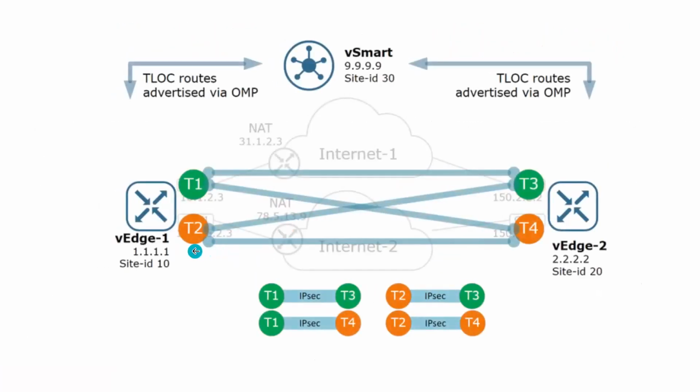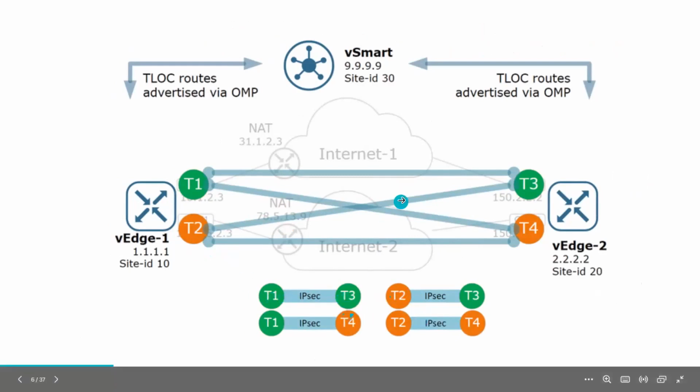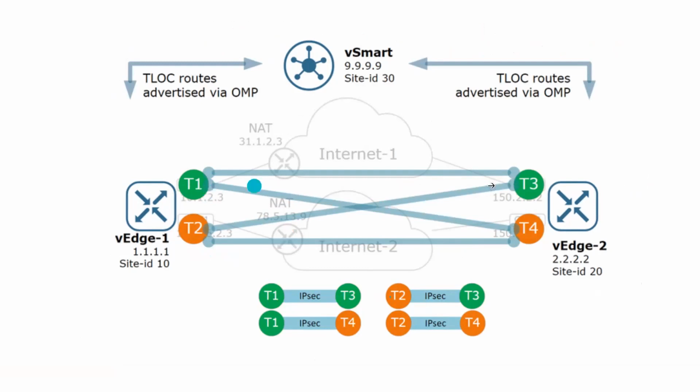Okay, so you see that there are two different colors that we have, right? They are forming the tunnels, and right now by default, they are all forming the tunnels. So this guy is connected to two sites, this guy is connected to two sites, and everybody has two TLOCs, right? This device has two TLOCs, and every internet circuit itself has two TLOC pairs also, right? So one TLOC pair to T4, one TLOC pair to T3.